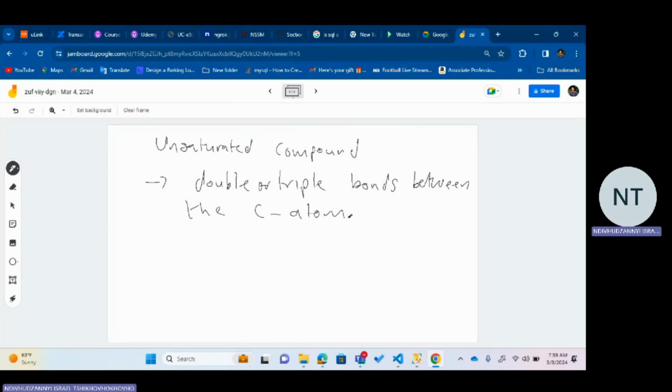You just have to go and check for a proper definition, but in explanation, that's what we have. So here we have alkene and alkyne.